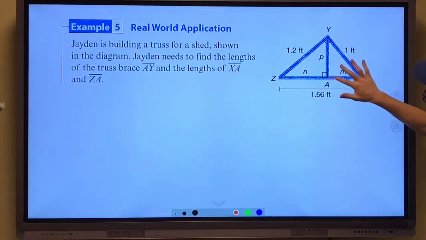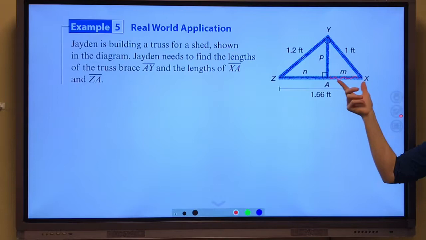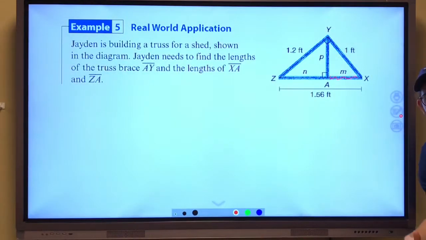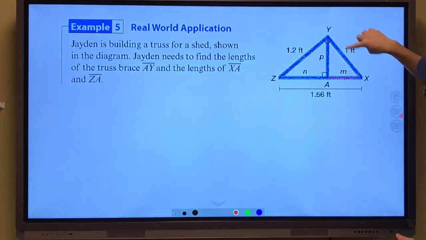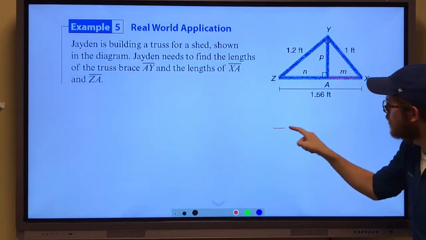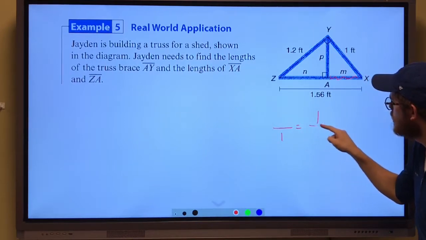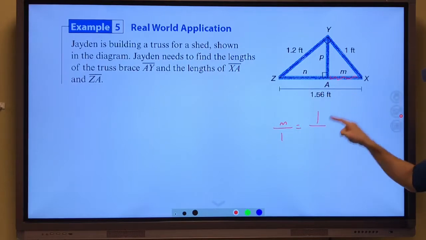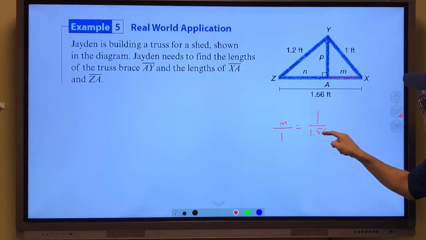So I'm going to first find M. I know the piece of that hypotenuse right there can be obtained through that second corollary, knowing that the length of a leg of my original right triangle is the geometric mean between that piece of my hypotenuse and the entire hypotenuse.